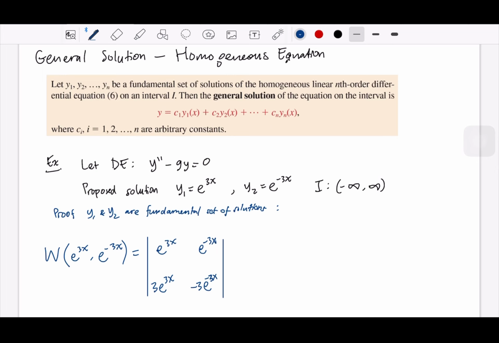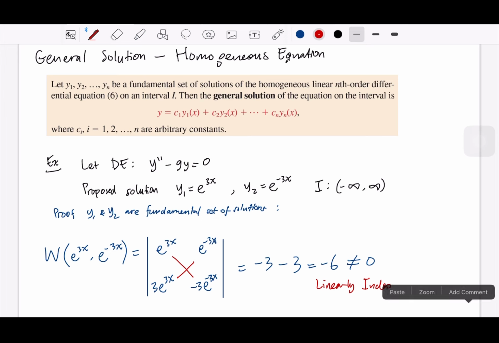Without any x to put in, we could find the determinant from this, because we have 3x and minus 3x, which cancel. So we multiply this part and minus this part. We have negative 3 minus 3, which is negative 6, which is not equal to 0, so we conclude we have linearly independent.